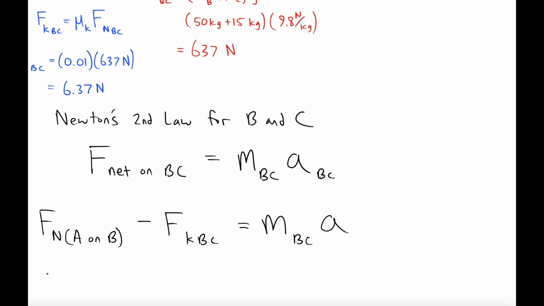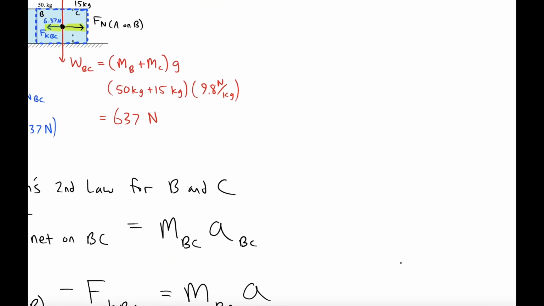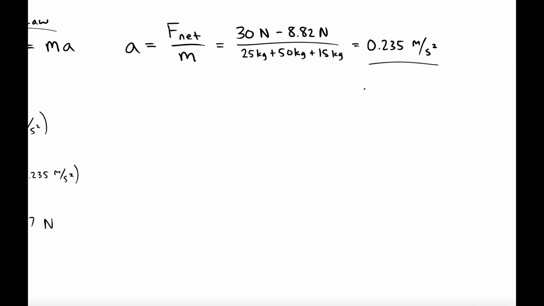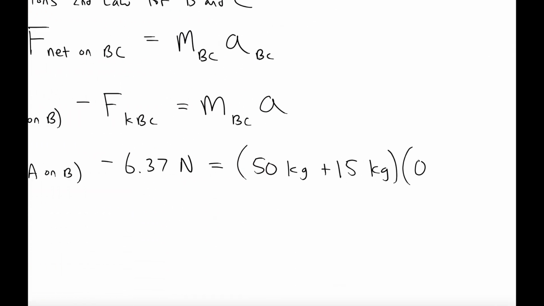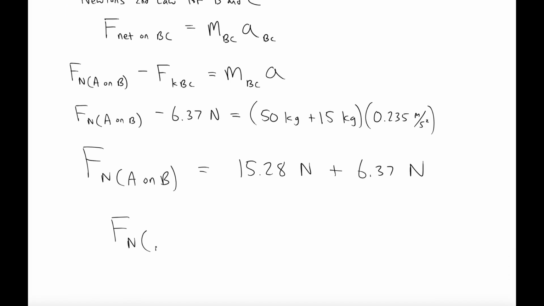We've already determined that the friction is 6.37 newtons. So let's put that in, and our mass of B and C will be 50 plus 15. Our acceleration was earlier found to be 0.235. It's 21.6 newtons.